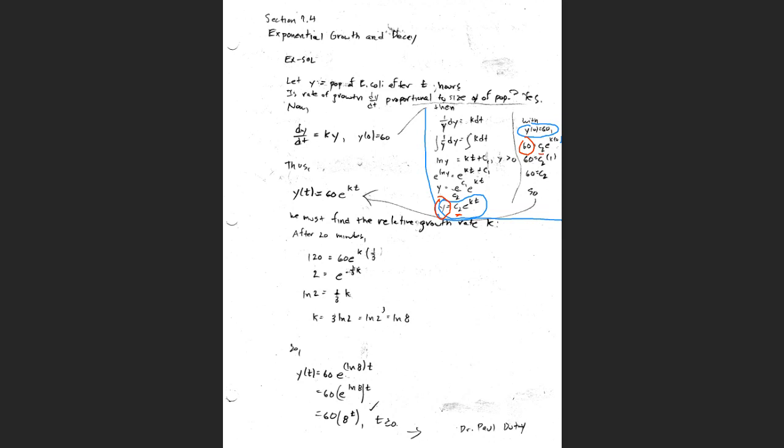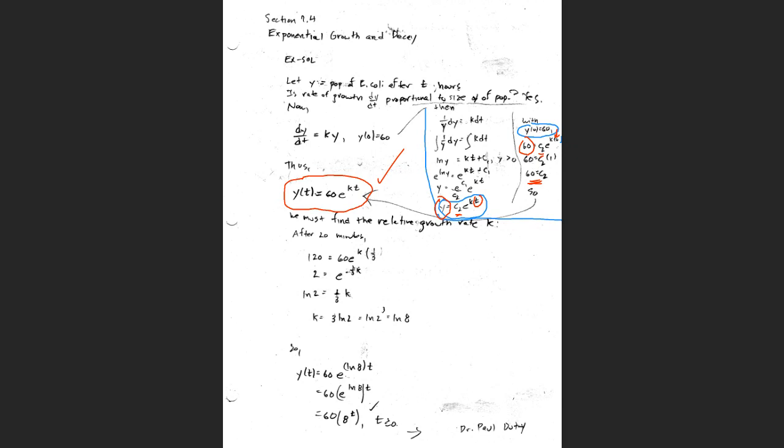C2 stays C2. And then time equals 0. So I determine that C2 is 60. Therefore, y of t is 60 times e to the kt power. Mark, are you okay with that? Okay, good.